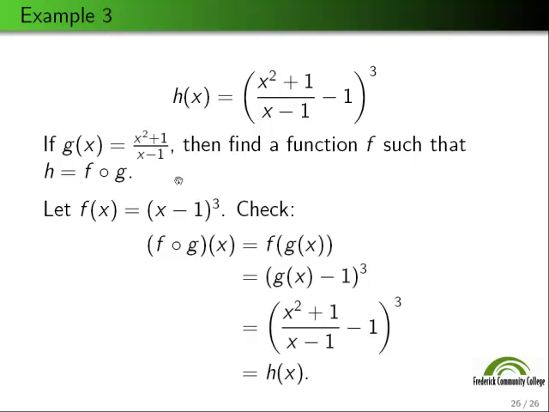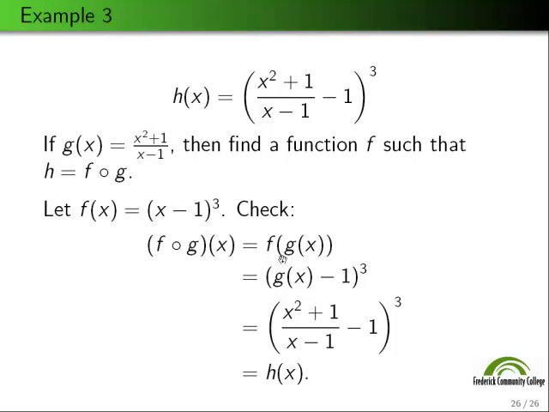And here's the work to show it. Let's walk through it here. We'd want to check that we do indeed have h of x, so that f is the correct function. So f composed with g of x equals f of g of x. That is, we are plugging g of x into f. But this function f we came up with says whatever's inside me, subtract 1 and then cube it.